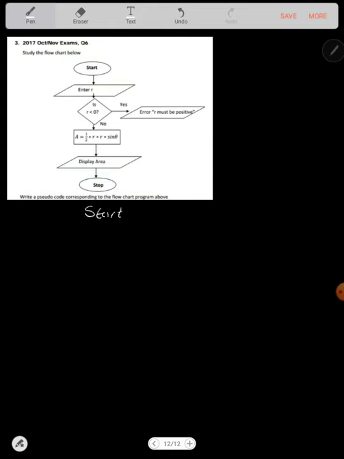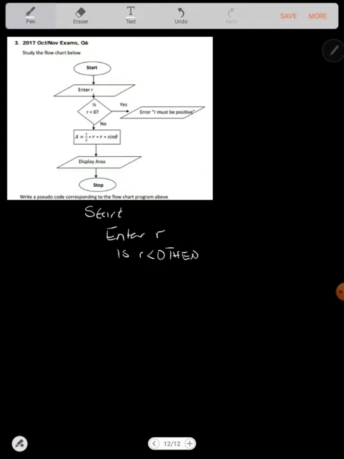Then you follow by enter. Then you say enter. Enter what? Enter R. When you enter R, what happens? It's a decision now. So you write now is R less than 0. If it's yes, you say then. Alright?